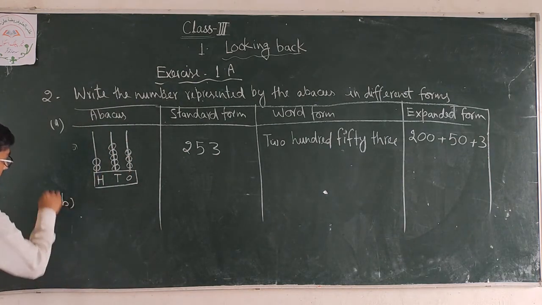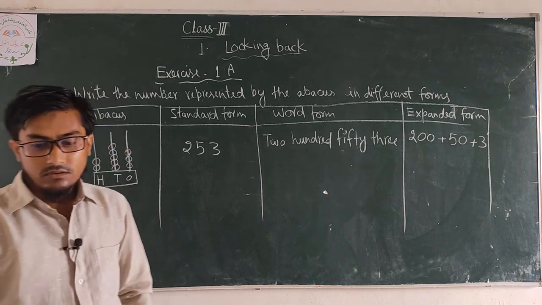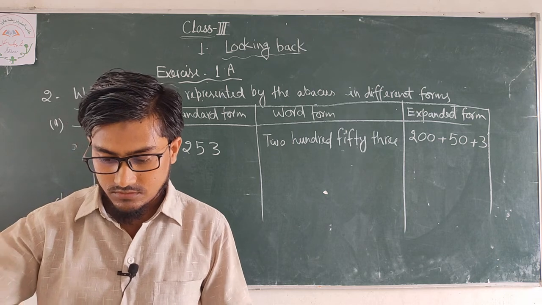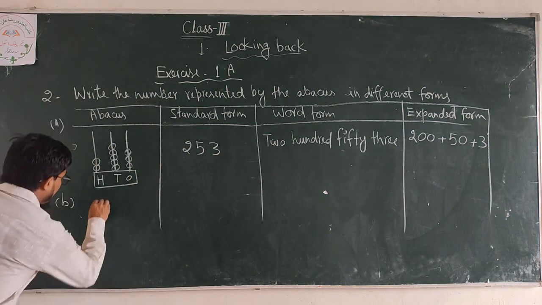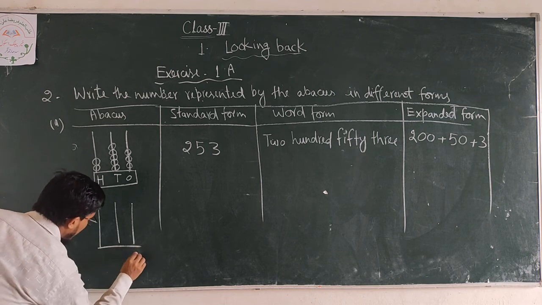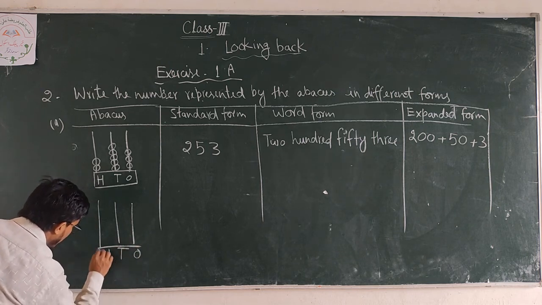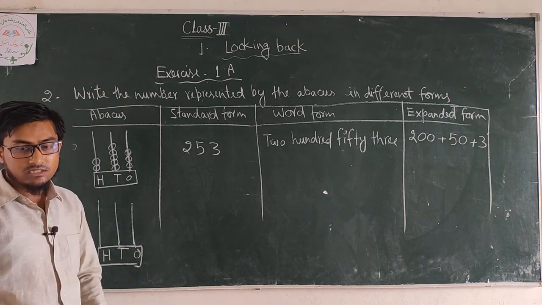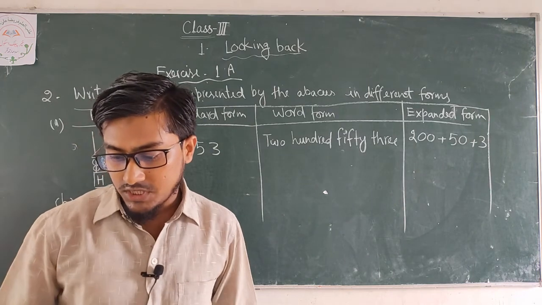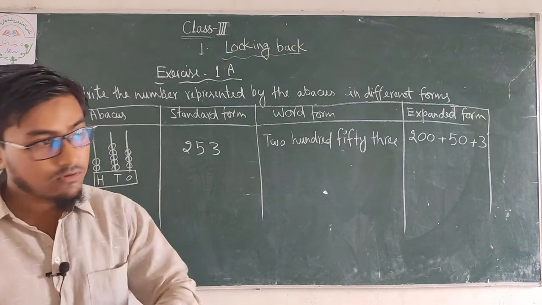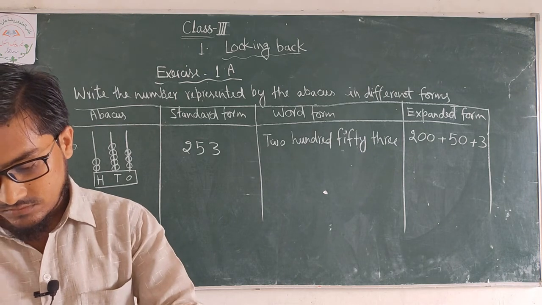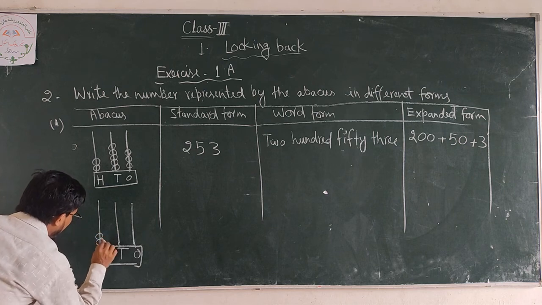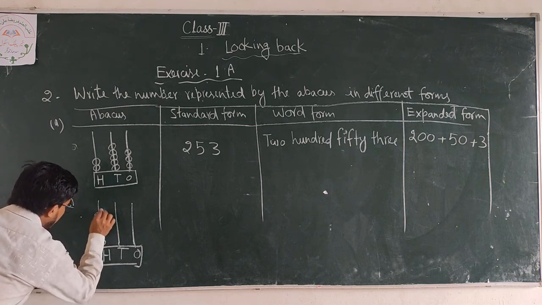Now the second question, B. We draw the abacus with ones, tens, hundreds. How many beads are drawn on the hundreds position? 7 beads: 1, 2, 3, 4, 5, 6, and 7.